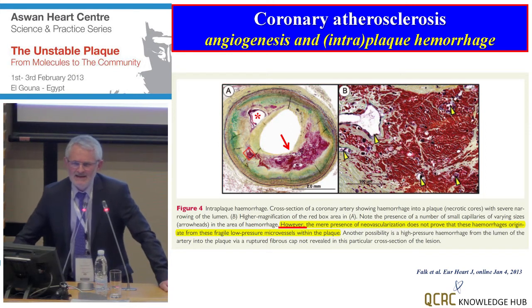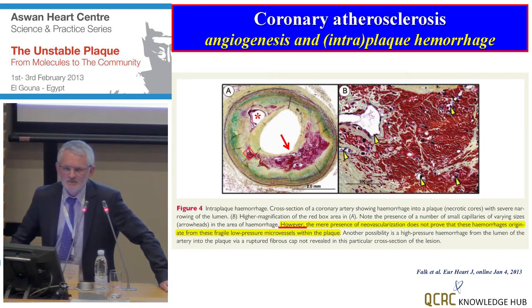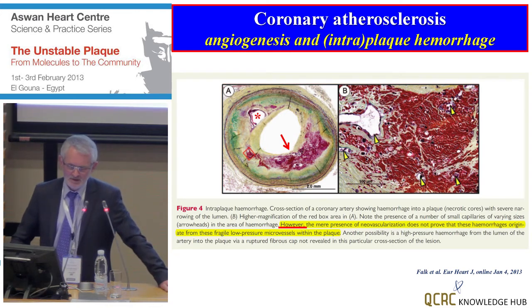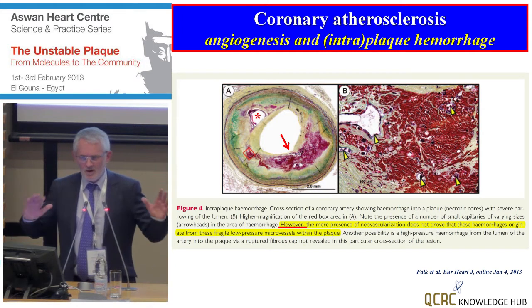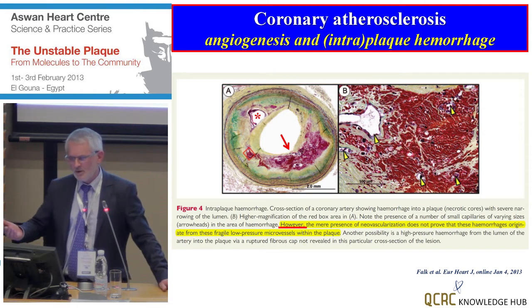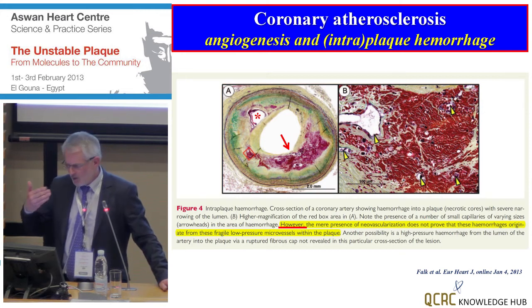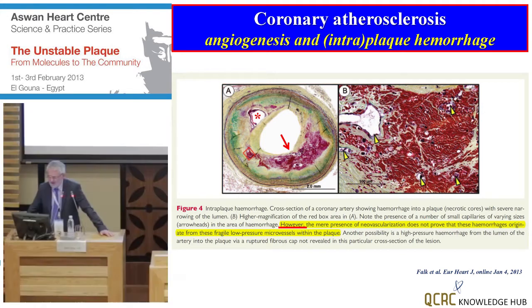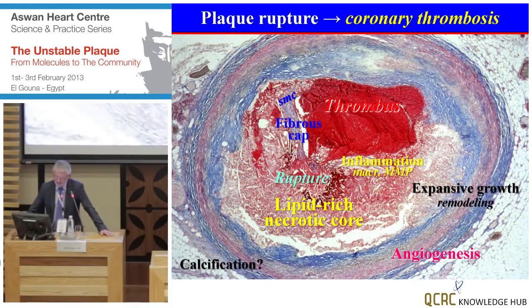But what might indicate that there is in fact a rupture nearby is over here, because you can see that some of this necrotic core is missing. And how can it be missing here? It can only be missing because there is a rupture somewhere here, and the blood has washed it away distal in the microcirculation. So there are some controversies about the most common cause of intraplaque hemorrhage, but most believe intraplaque hemorrhage is a marker of high-risk plaque or plaque vulnerability.